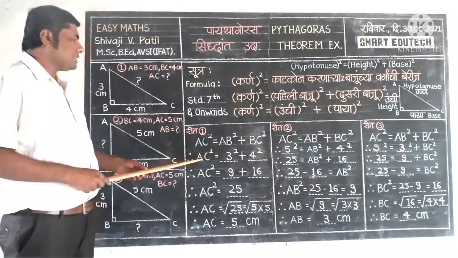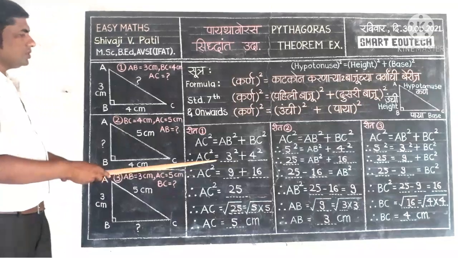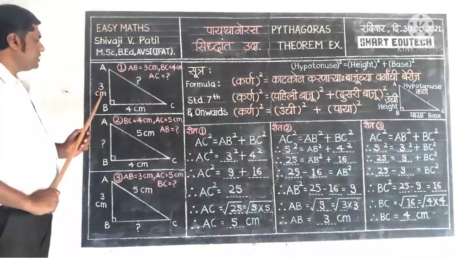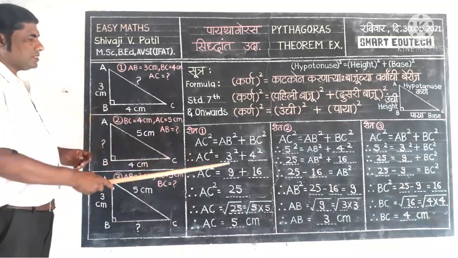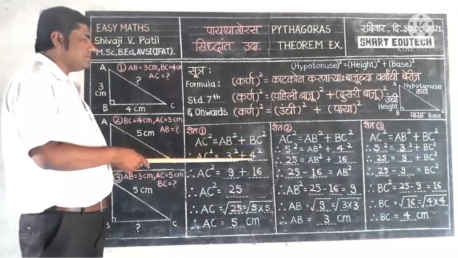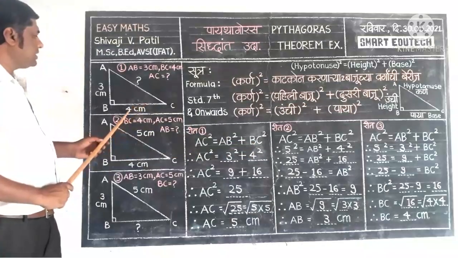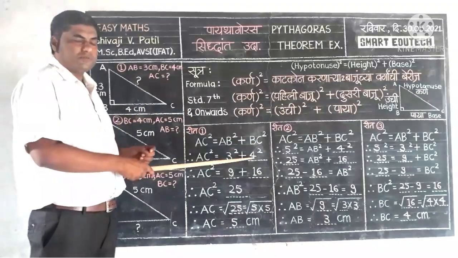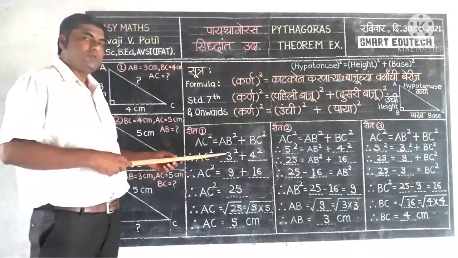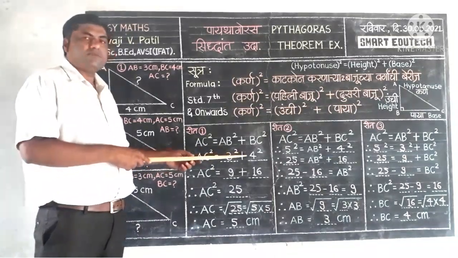Therefore, AC square is equal to, now you have to put the value of AB, which is 3 cm, so write 3, plus the value of BC given is 4 cm, so write 4. Now the second step will become AC square is equal to 3 square plus 4 square.